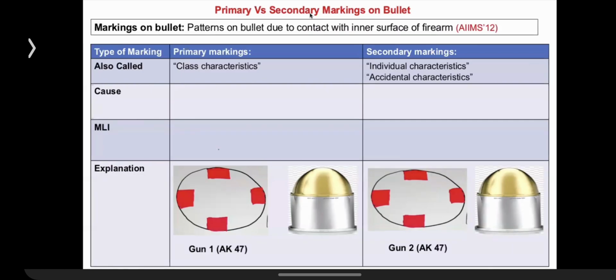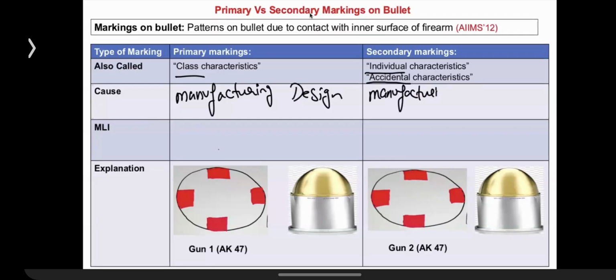Then primary and secondary markings on the bullet. Primary markings are class characteristics. Secondary markings are individual or accidental characteristics. Primary markings occur due to manufacturing design, and secondary markings are due to manufacturing imperfections.